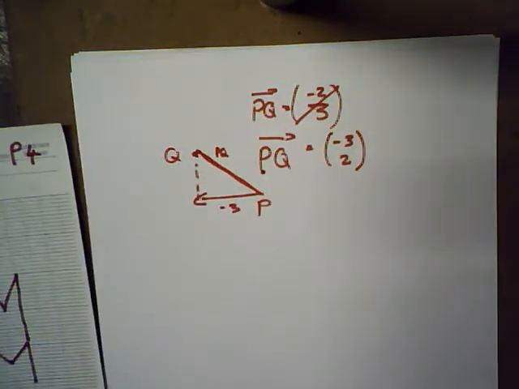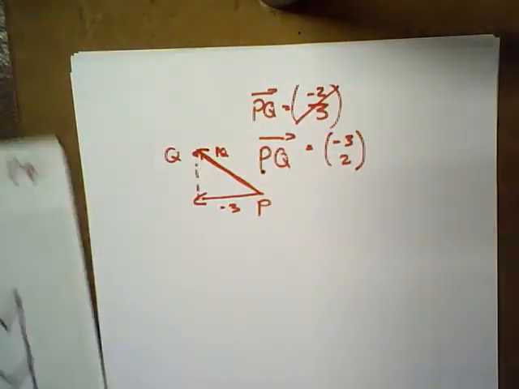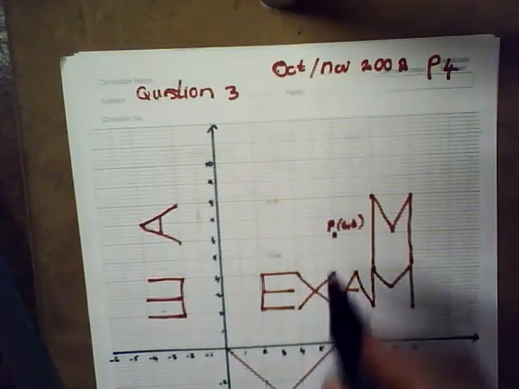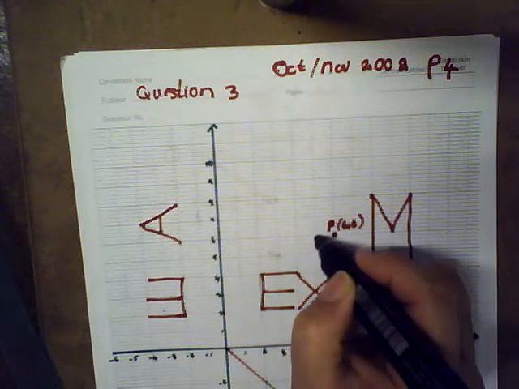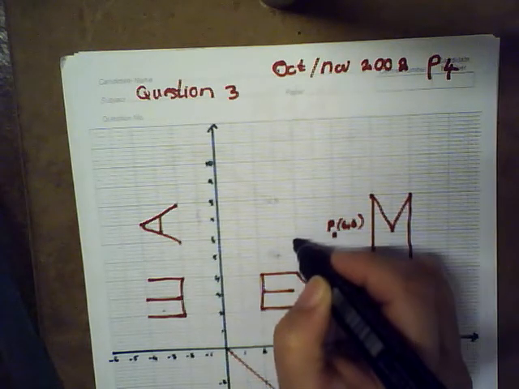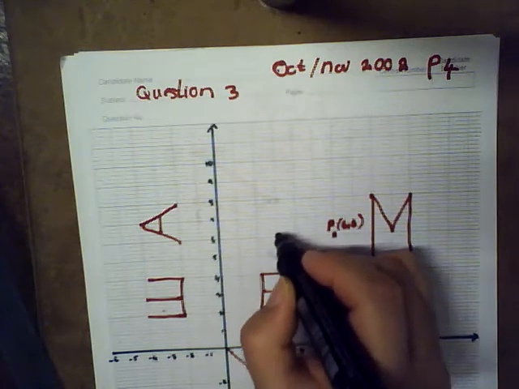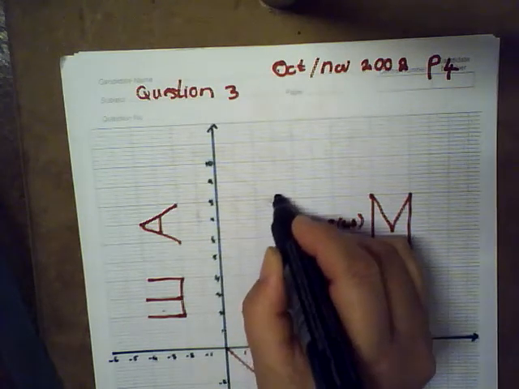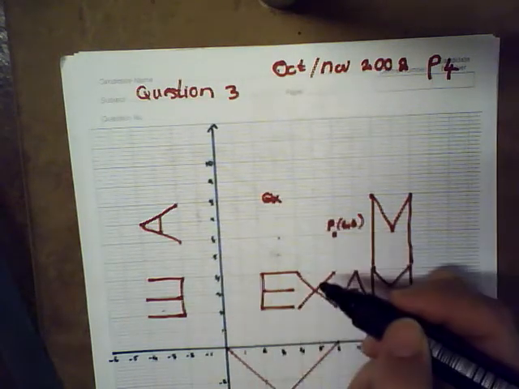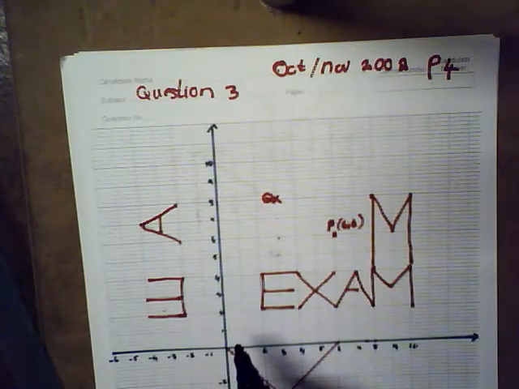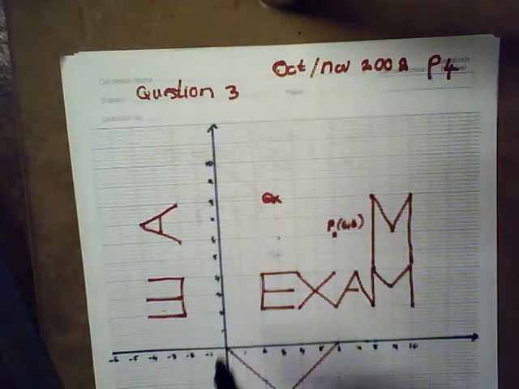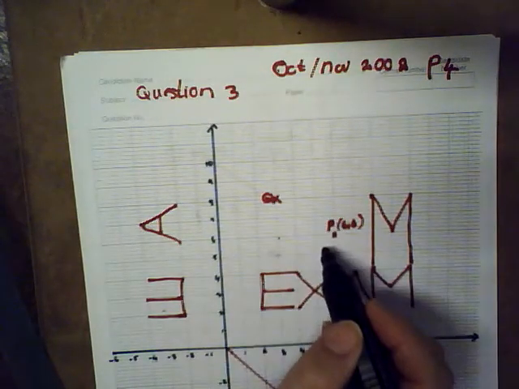Good, let's go. So there's P at 6, 6. I'm going to go negative three spaces, 1, 2, 3. I'm going to go positive 2 spaces, 1, 2, and the point Q would be over there. Mark and label the point Q so that PQ equals -3, 2, and there we've done it.